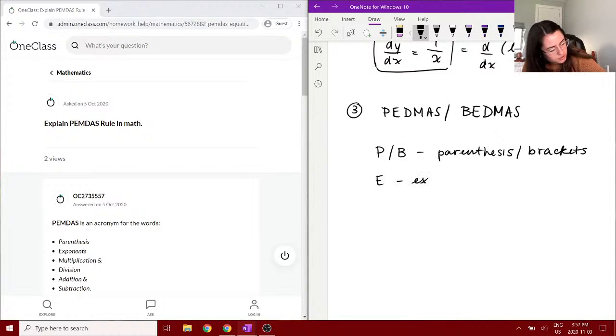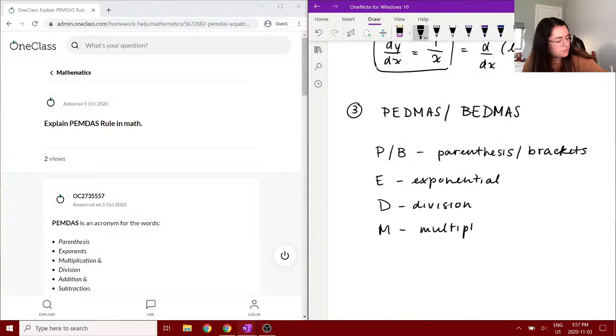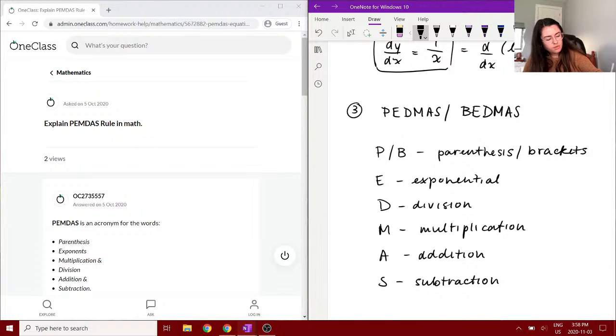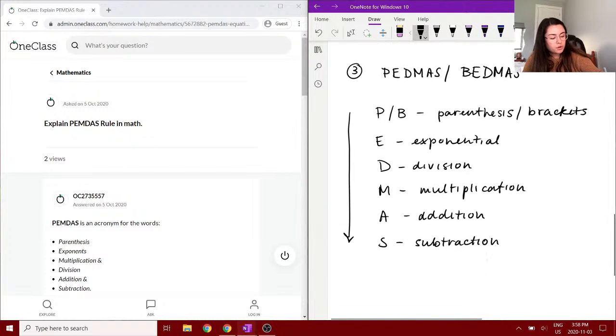E for exponential. D for division. M for multiplication. A for addition. And S for subtraction. So the order that the letters appear in the words tells you the order of operations.